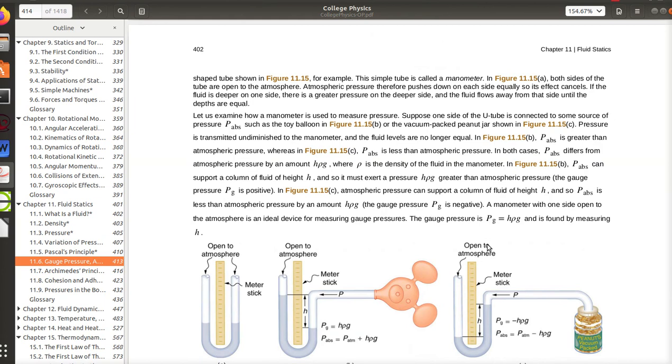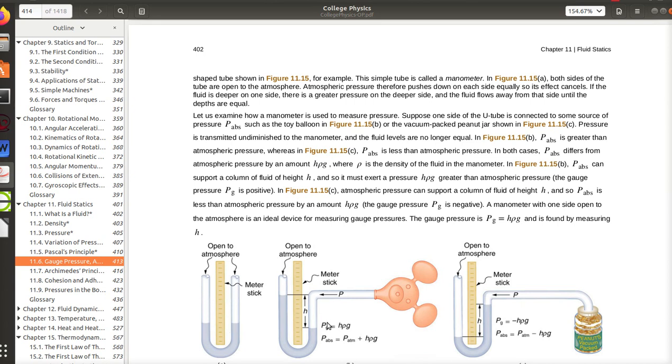The manometer is a way to measure atmospheric pressure, and I don't think I do a whole lot with that. If they're both open to atmosphere, it's even.